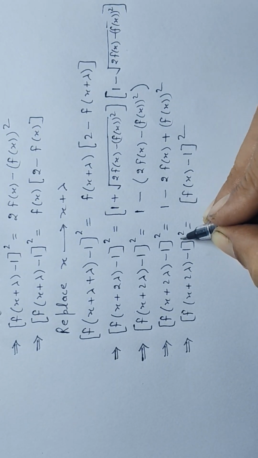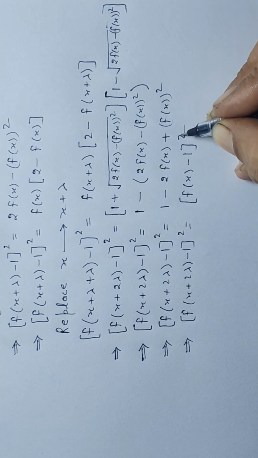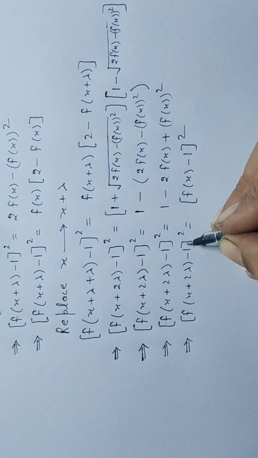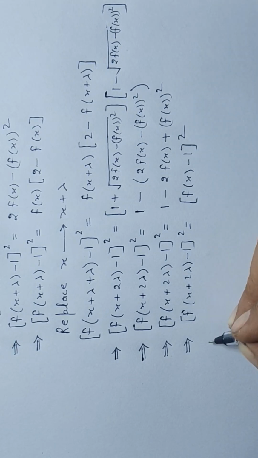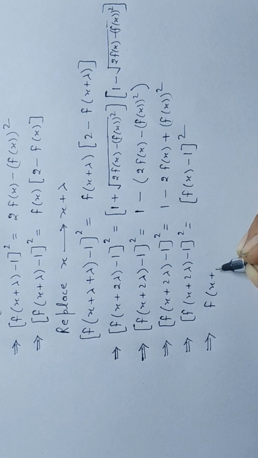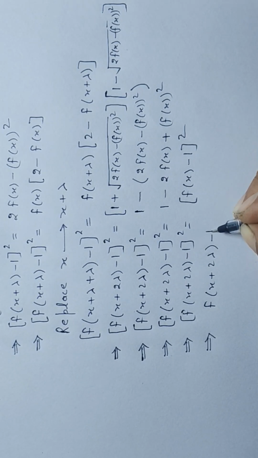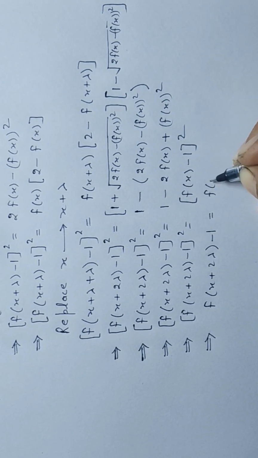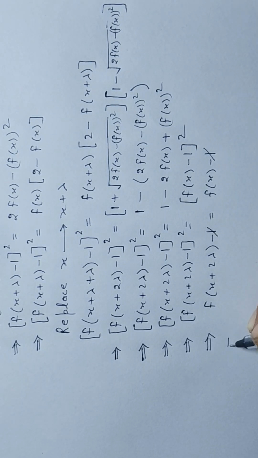Since the exponents on both sides are equal, the bases should be equal. So we get f of x plus 2 lambda minus 1 equal to f of x minus 1. Minus 1 and minus 1 cancel. So we get f of x plus 2 lambda equal to f of x.